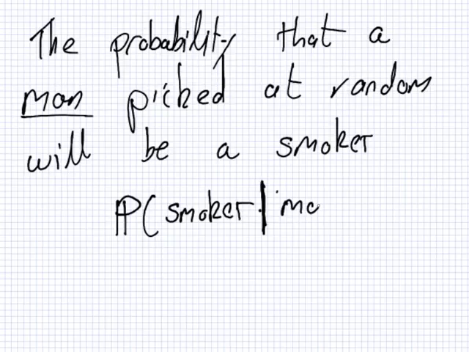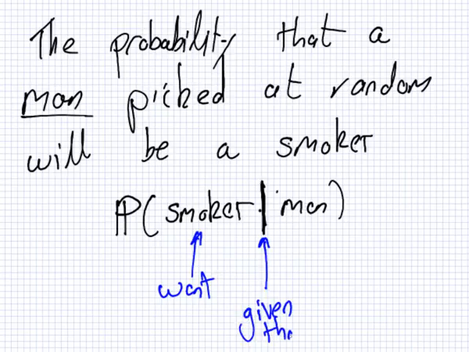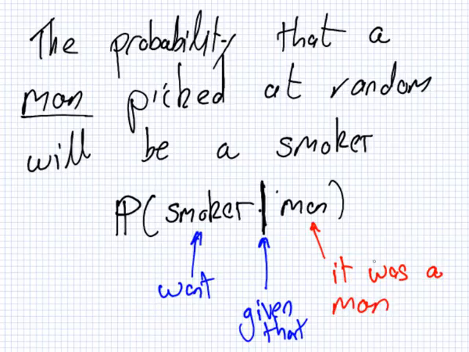So what this means is, this is what you want. This symbol here, this line, means given that it was a man, or you know it's a man, or you want only the men.